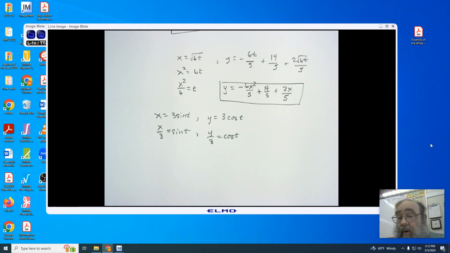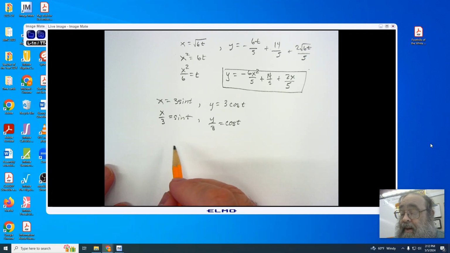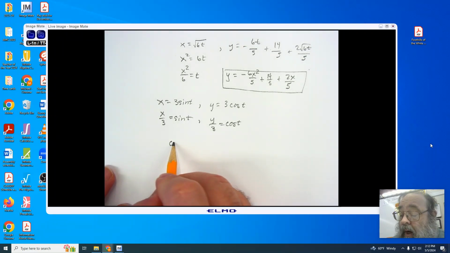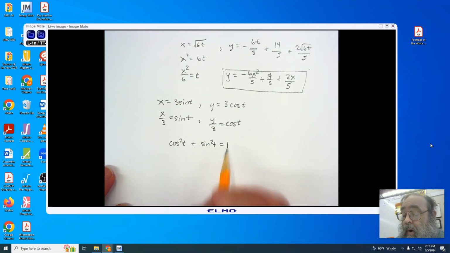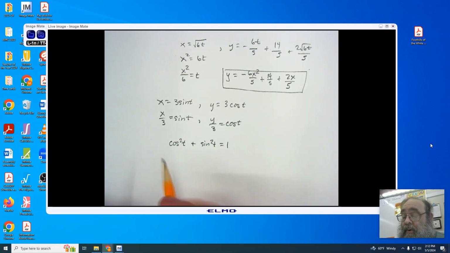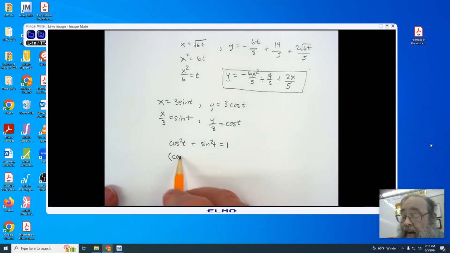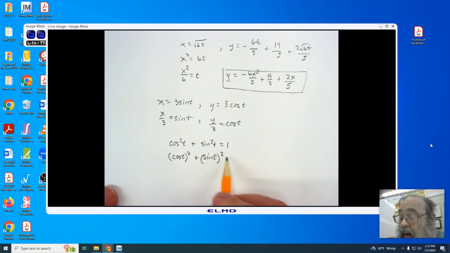Remember from our trig a while back, cosine squared of x, or in this case t, plus sine squared of t would equal 1. Which means I'm looking at the cosine of t squared plus the sine of t squared equaling 1.